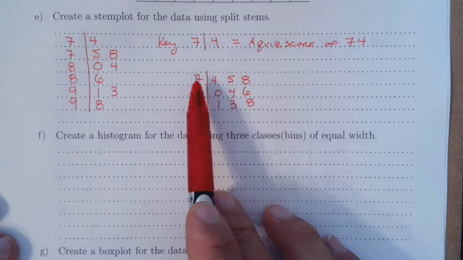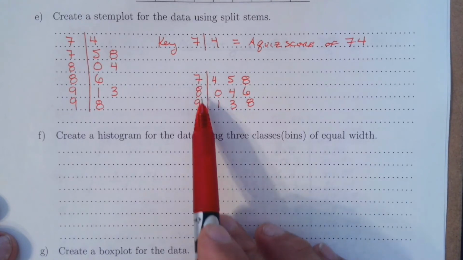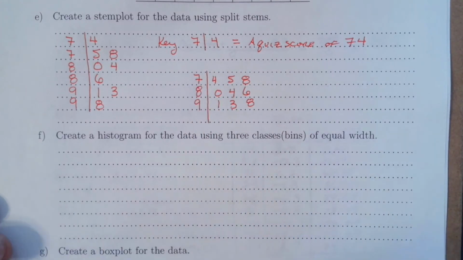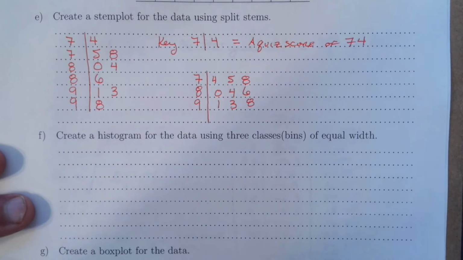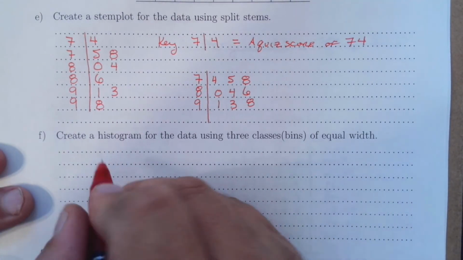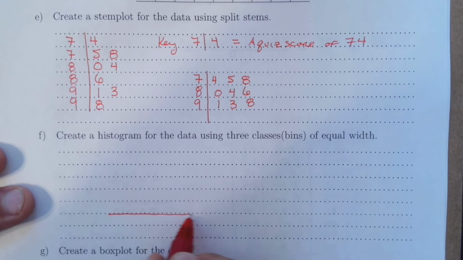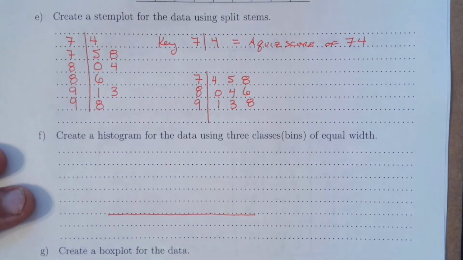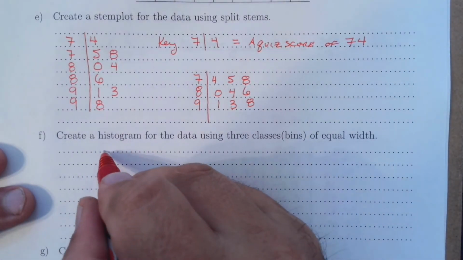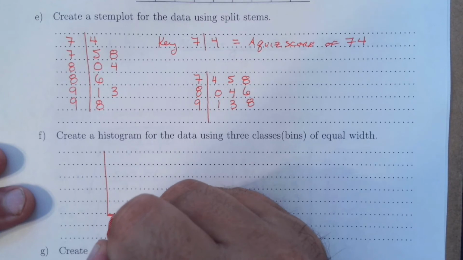I'm going to have 10 possible values that could go into the 70s, 10 into the 80s, 10 into the 90s. So I can set up a horizontal axis and set up my vertical axis.